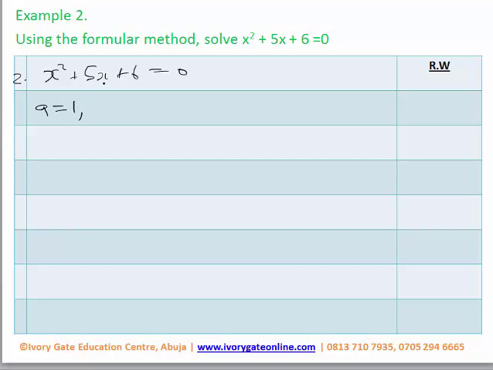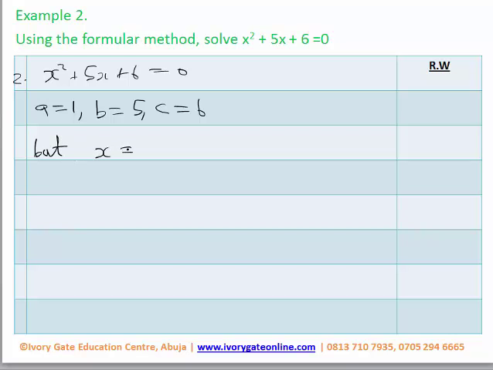The coefficient of x here is 5, therefore b is 5. Then the constant is 6. C is 6.